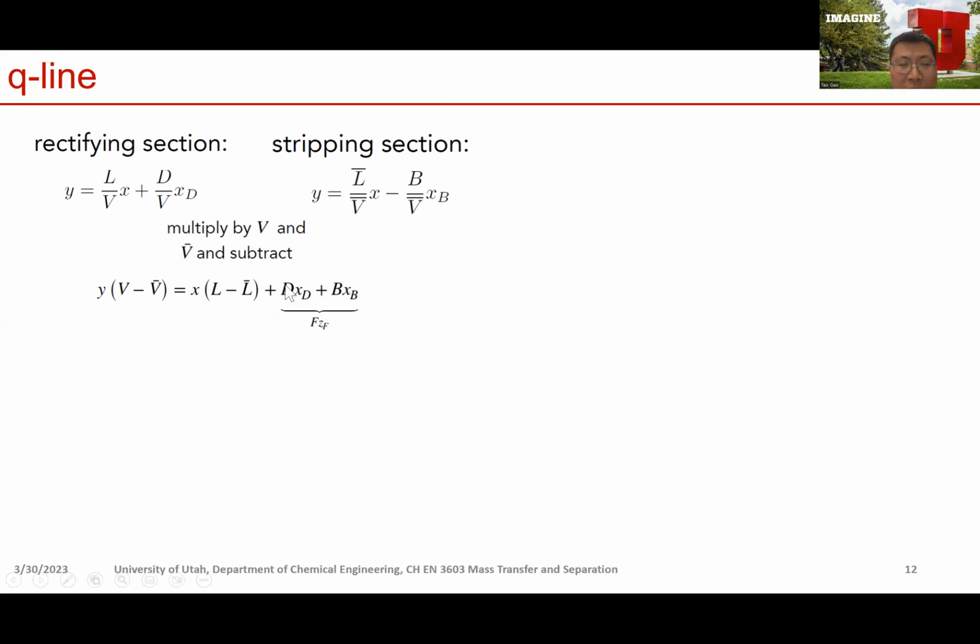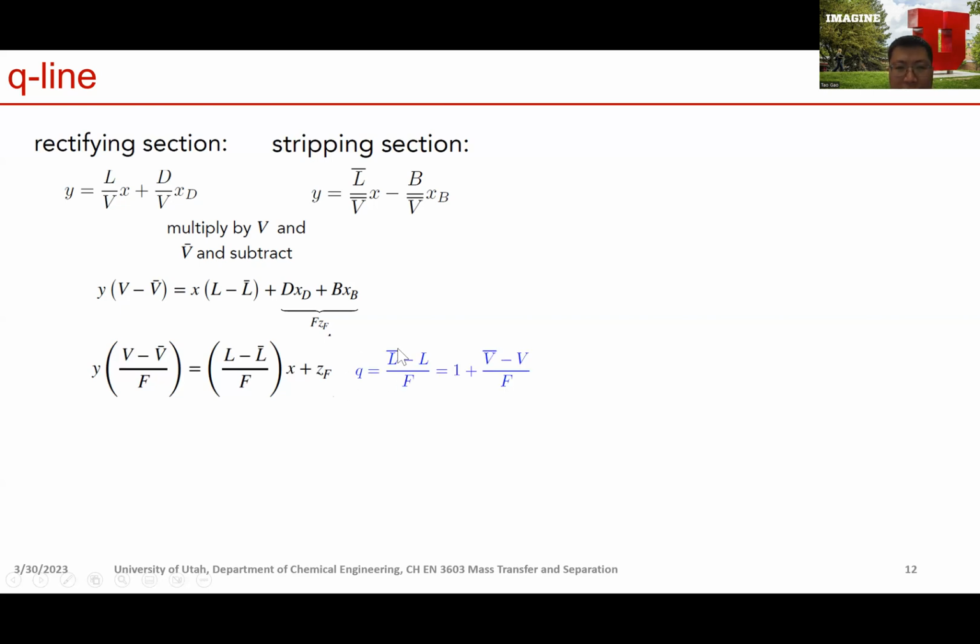So that is the light key flow rate in the distillate, and this is the light key flow rate in the bottom. Combined together, based on mole balance, this is the light key flow rate in the feed, FzF. Then we can divide by F. So that gives us this on the left, and this and that on the right.